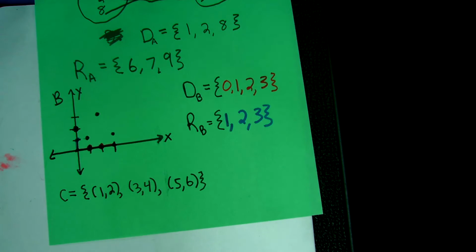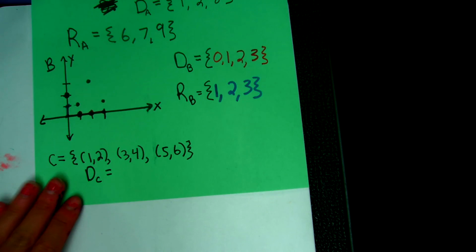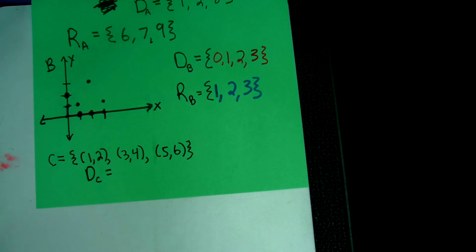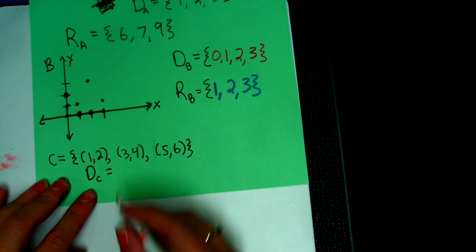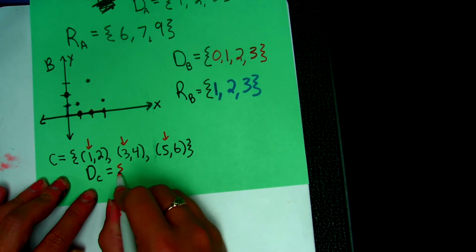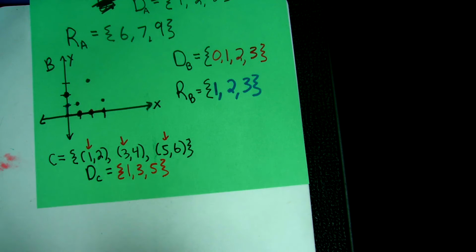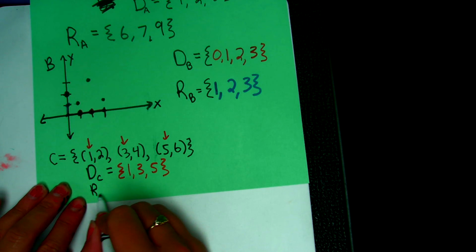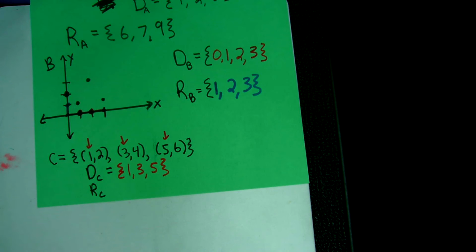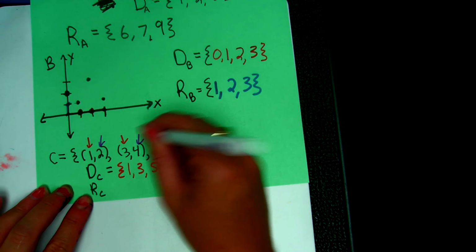When we find the domain of relation C, or D sub C, we're looking for just the x coordinates, right? Or just the first coordinates. So this one, and this one. So we have 1, 3, and 5. Now when we do the range of relation C, we're looking for the second coordinates, or the y coordinates. So we get 2, 4, and 6.